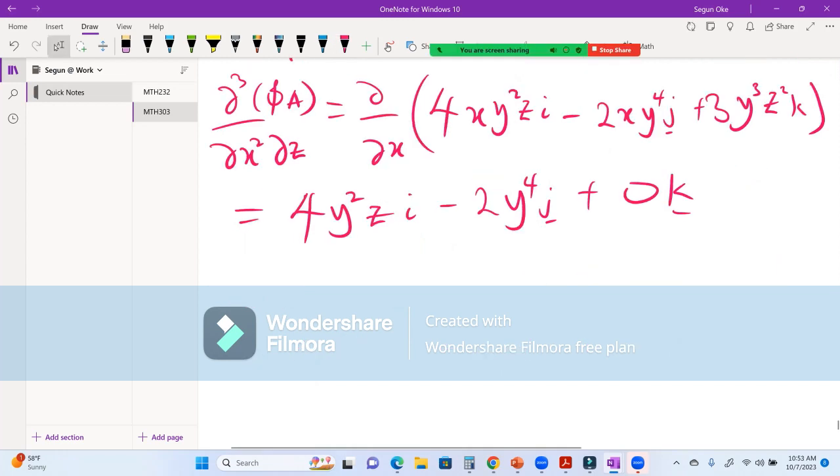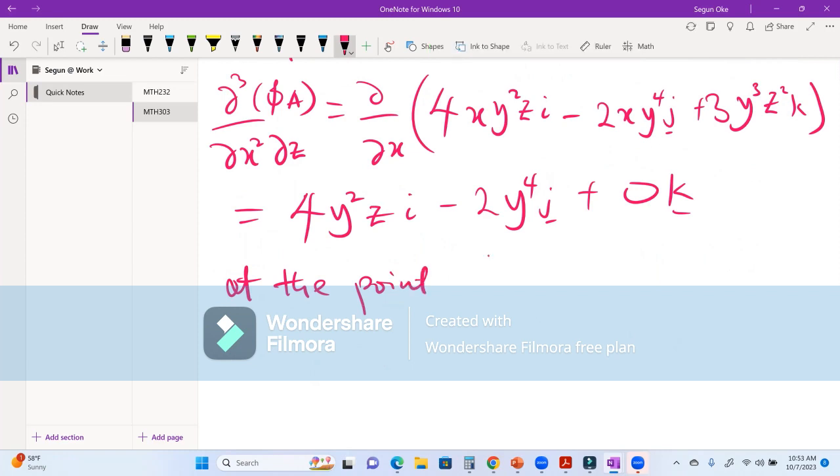Now, did I say at the point 2, -1 and 1, which means x is equal to 2, y is equal to -1, and z is equal to 1?